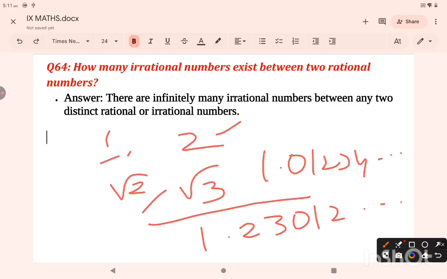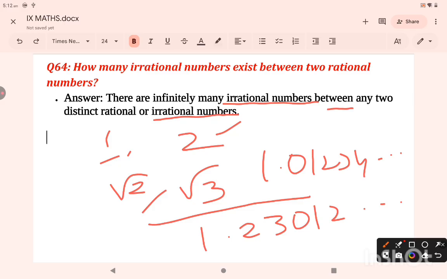Infinitely many irrational numbers in between any two irrational numbers or rational numbers. Okay. So there are infinitely many irrational numbers between any two distinct rational numbers or irrational numbers.